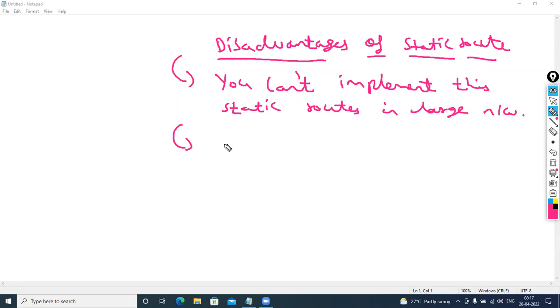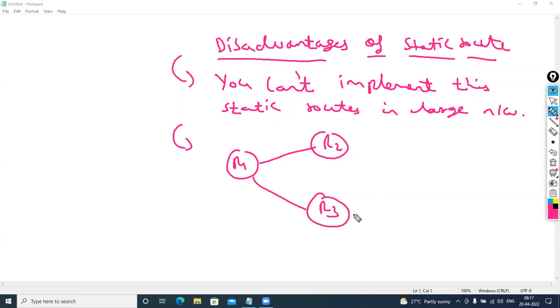Second point. If you have a topology, let us consider we have R1, R2, R3, R4, and a loopback 4.4.4.4/32.